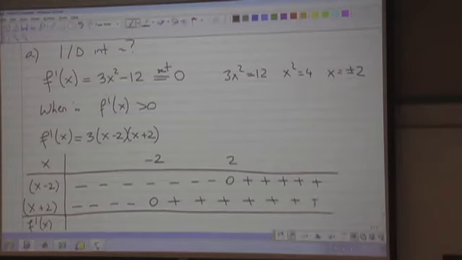Right? Which means f prime is 0 at negative 2 and 2, and it will be positive before negative 2, negative between negative 2 and 2, and positive from 2 on. Do you understand how this works?